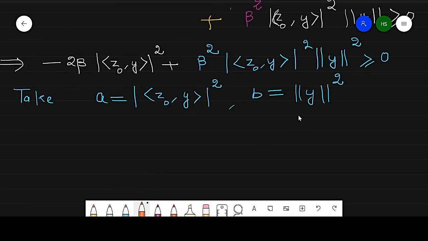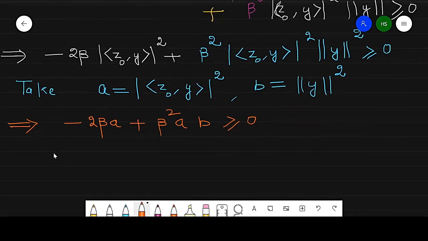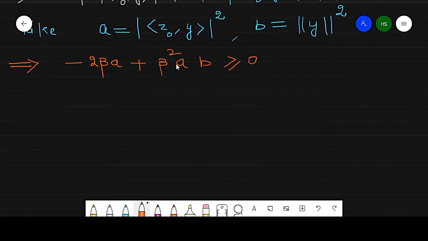So this is a positive real number, this is a positive real number, and this can be written as minus 2 beta A, plus beta square into A B, and this term is greater than or equal to 0. So A and B are positive real numbers. Remember that A and B are positive real numbers. Beta is also a real number.